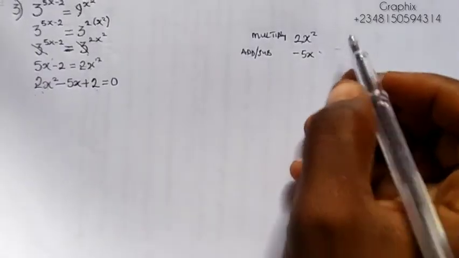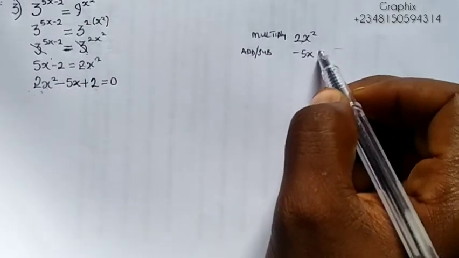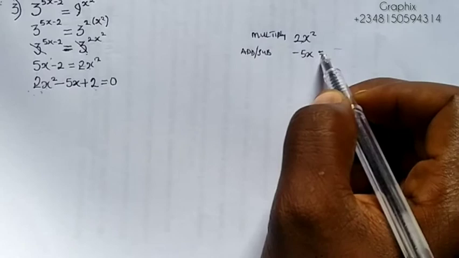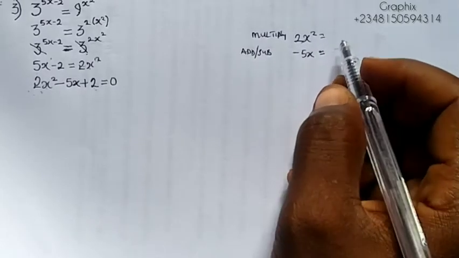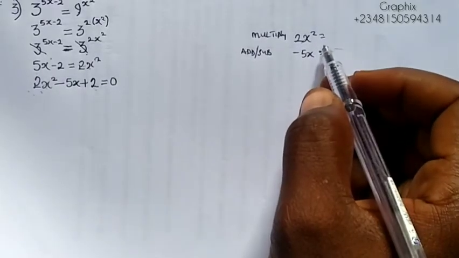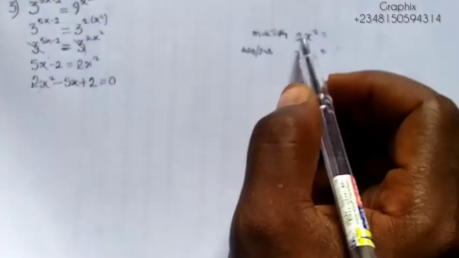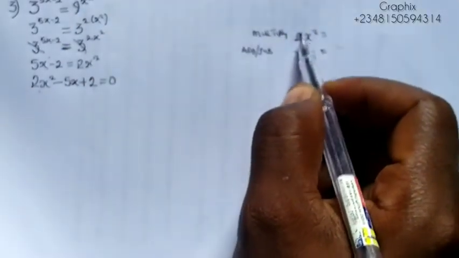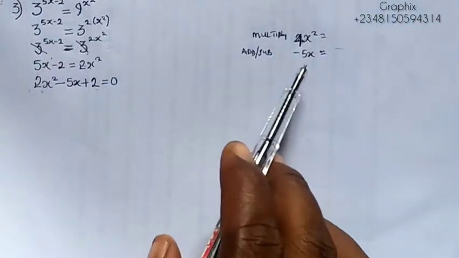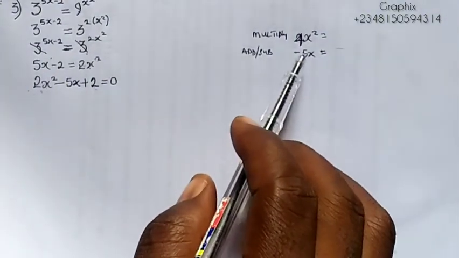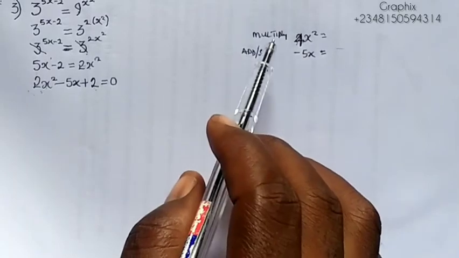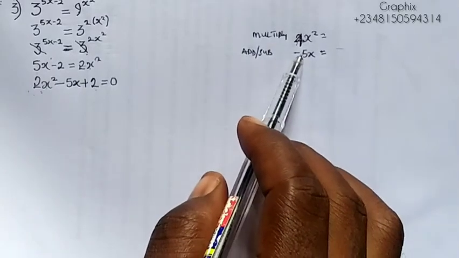So you look for two values that multiply to give you the product, because 2x squared times 2 is 4x squared, and when you add or subtract, they give you 5.